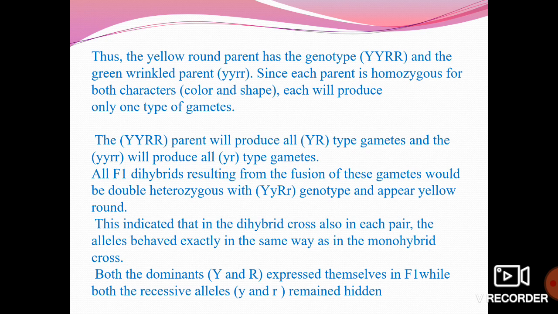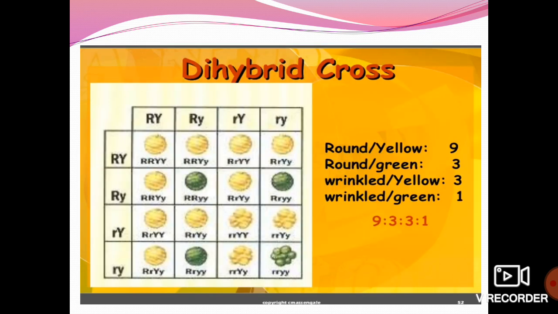In the first two lines you can see the genotypes, and when they were crossed, all the F1 hybrids resulting from the fusion of these gametes would be heterozygous yellow round, because capital Y is dominant over small y and capital R is dominant over small r. But then when these F1s, which are capital Y small y, capital R small r, are crossed, as you can see in this chart, we have the result which I have just discussed with you.